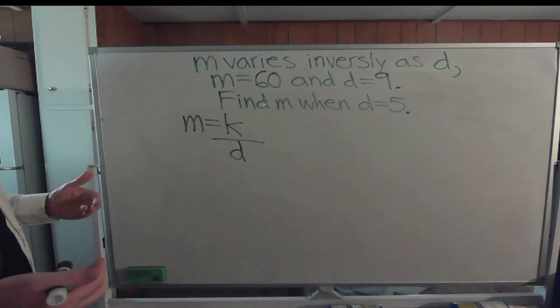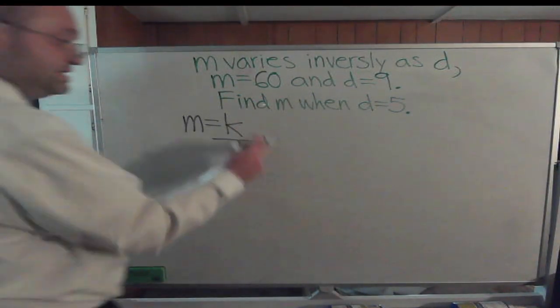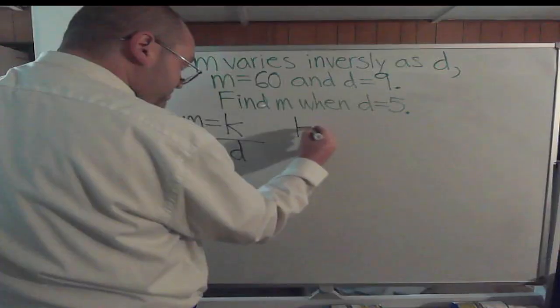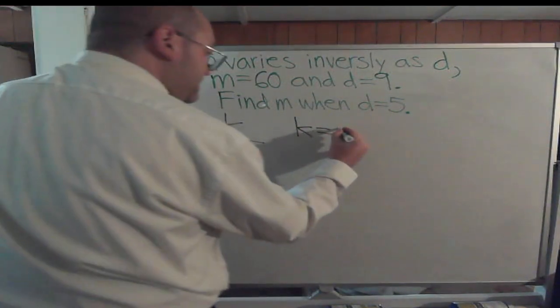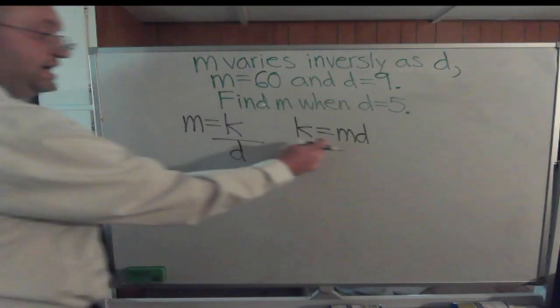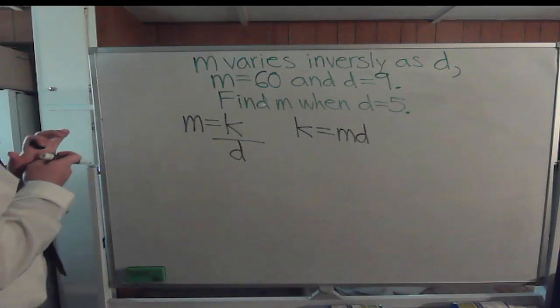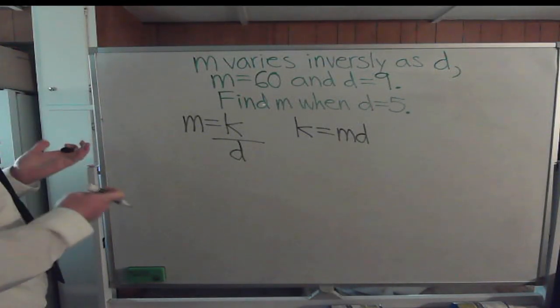That's our first goal. You've got to multiply both sides by D. You multiply the right side by D, you just get K by itself, which means you multiply the left side by D, and you get MD on that side. So K equals MD, the equation to find the constant of variation.